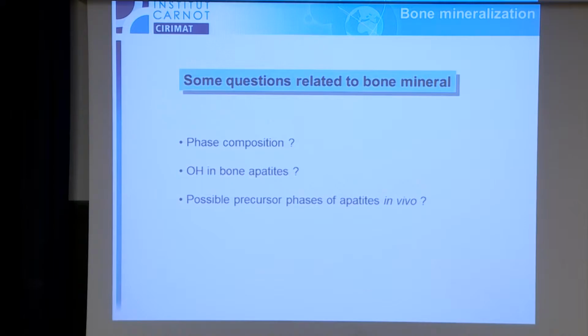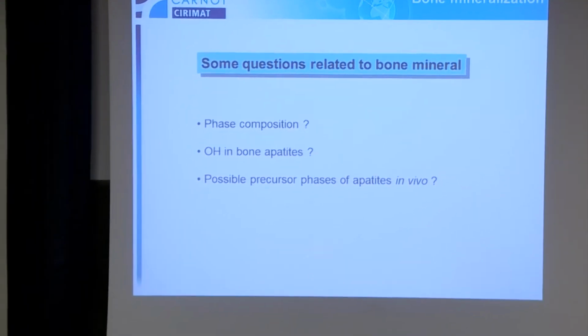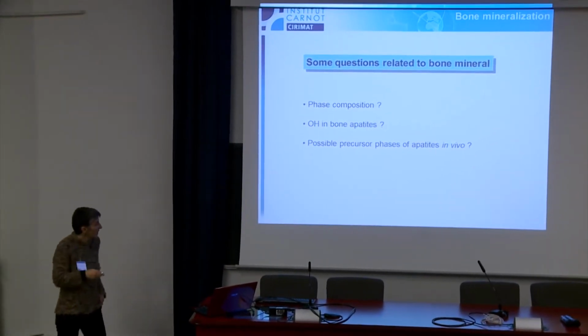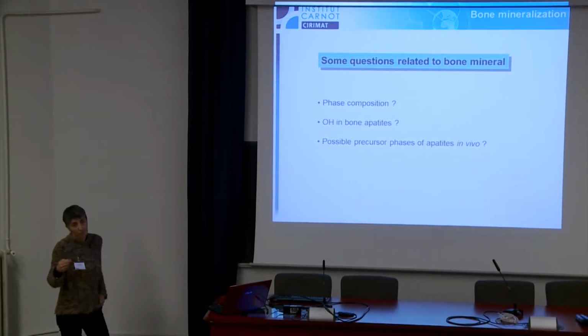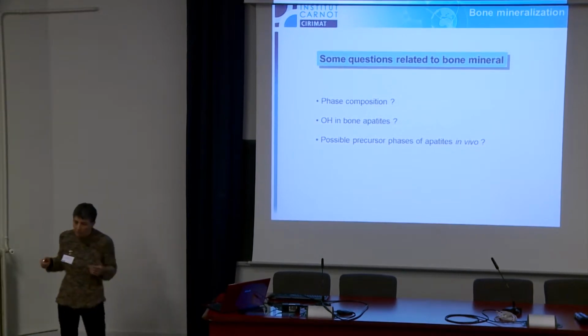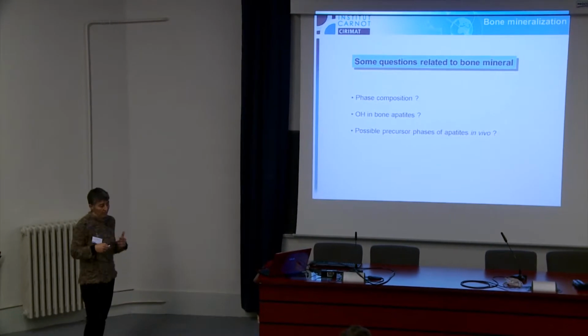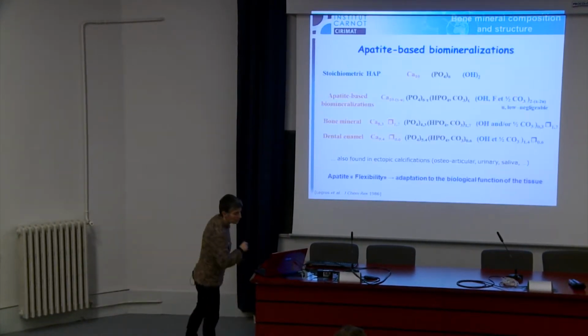Some questions are still open regarding the bone mineral, especially on its composition, which I will talk about later, the presence of hydroxide in bone apatite, and also the possible presence of precursor phases of apatite which are formed in vivo.